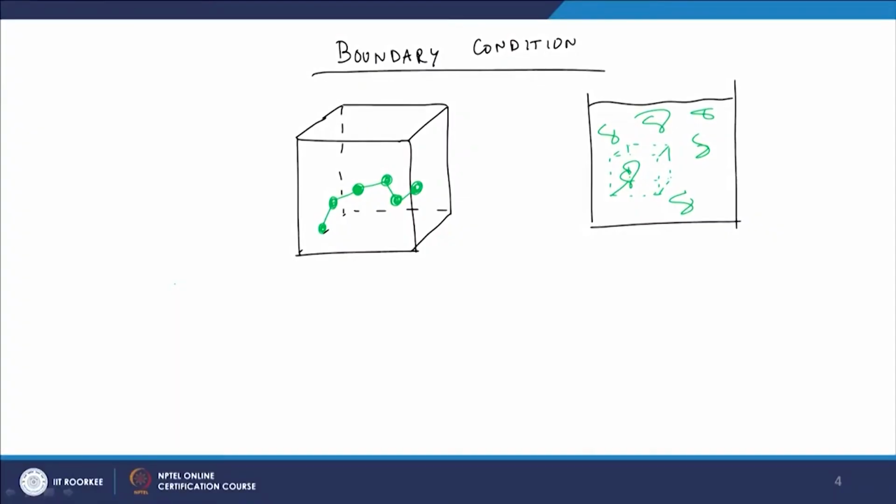And the answer is yes. If I want to represent a bulk system, an infinite bulk system, a better boundary condition is what is known as a periodic boundary condition.